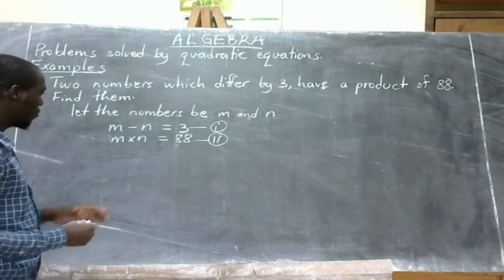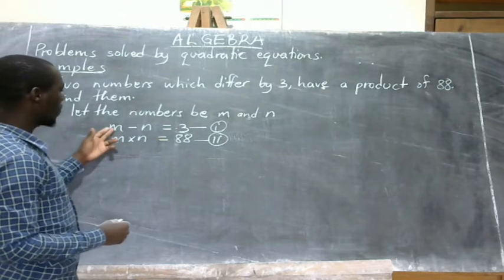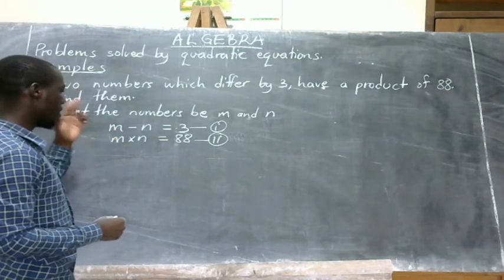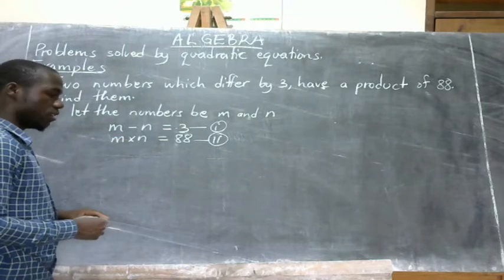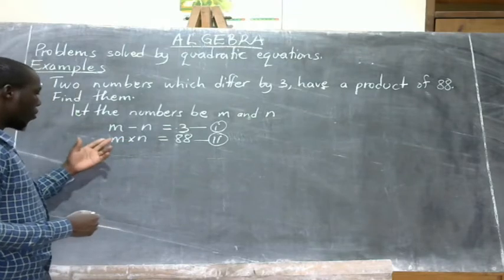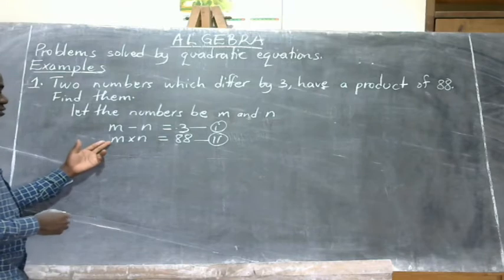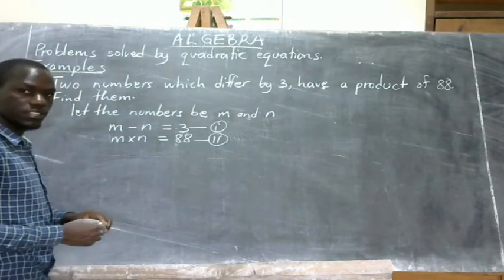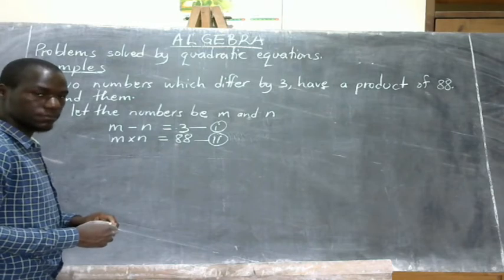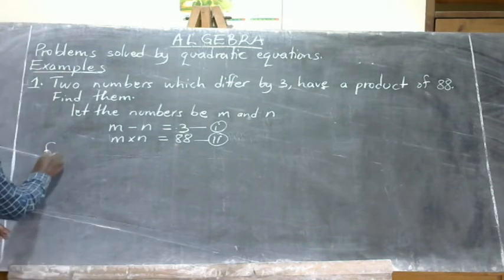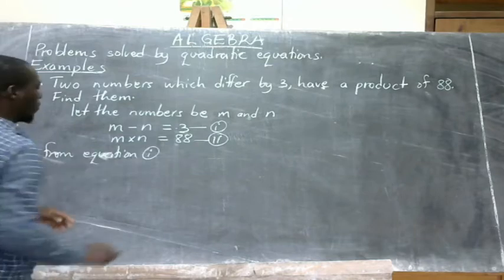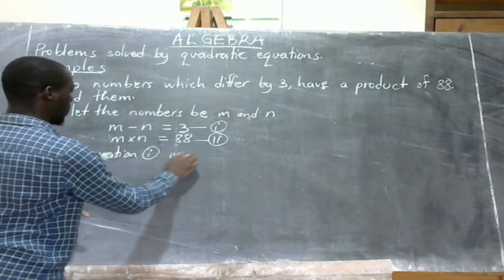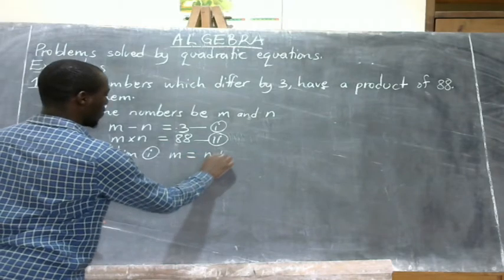Now what I'm going to do is to make one unknown the subject of the formula, then substitute it in equation 2, or I make any unknown the subject of the formula, then I substitute it in equation 1. So from my equation 1, m is going to be equal to n plus 3.